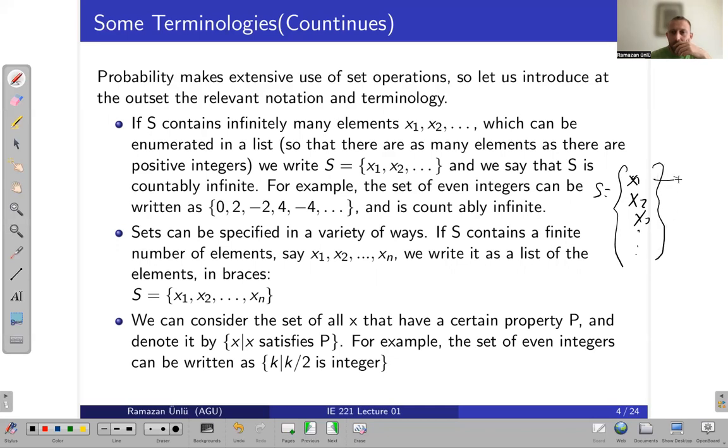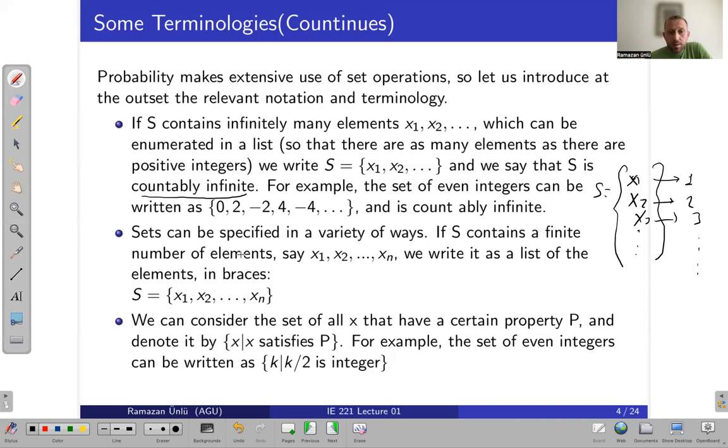I can give a number: this is the first element, the second element, the third element. In this case, we say that this set S is countably infinite. We can count them, but it's an infinite set. For example, the set of even integers can be written as 0, 2, -2, 4, -4, etc. This is a countably infinite set. In future lectures, we will look at uncountable infinite sets. That is another story.